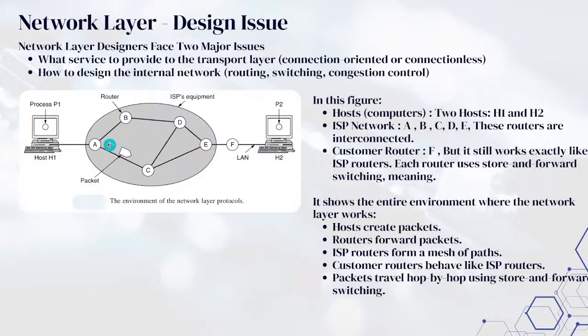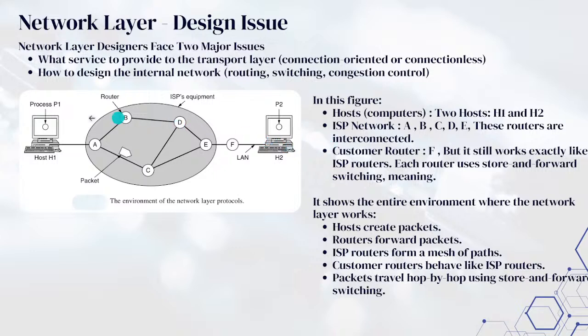The packet coming from host 1 moves through the routers, from A to C, and after C it can go to D, then E and F, accordingly reaching the final host, or whichever is the shortest path, it selects accordingly and moves the packet.